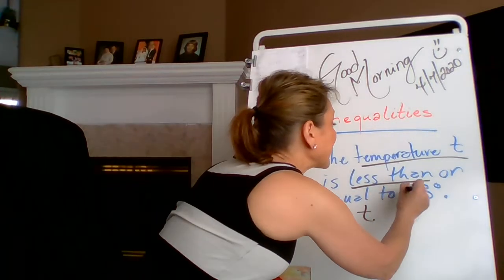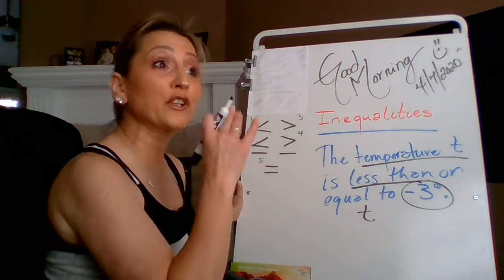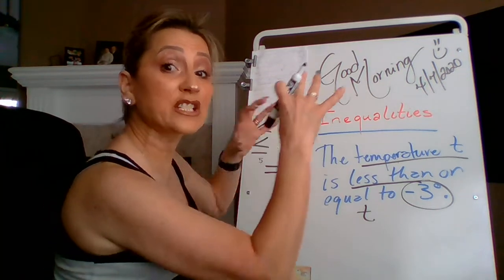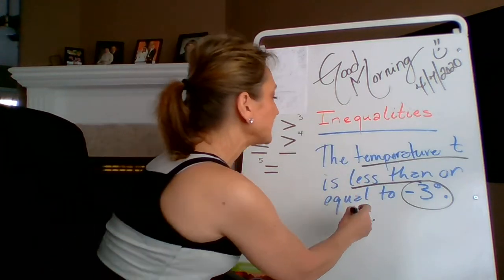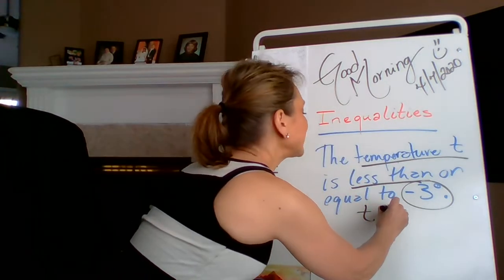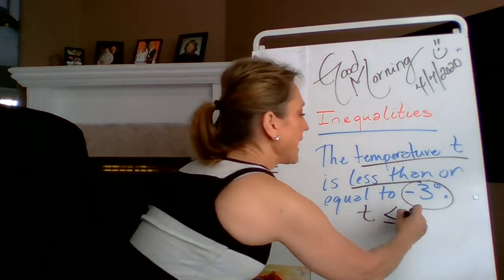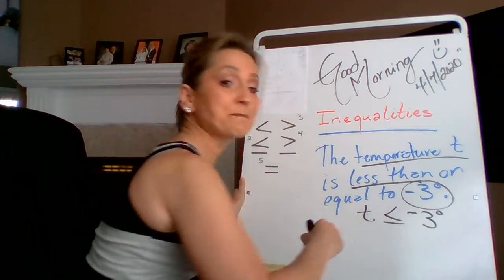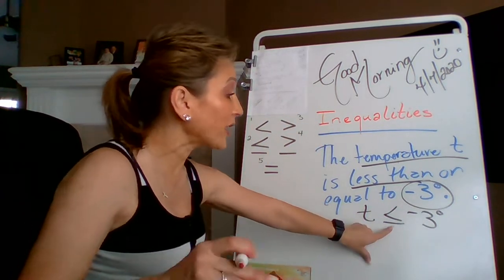And in this case, the less than is a negative. So for students, they know that if the negative is bigger, it means it's less than. So for me to say that T is less than or equal to negative 3 degrees, my options here are that it can be less than or equal to.